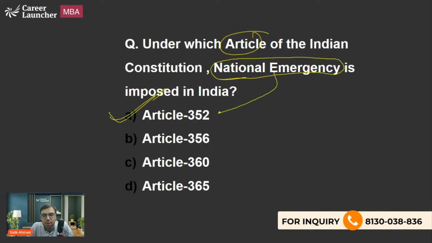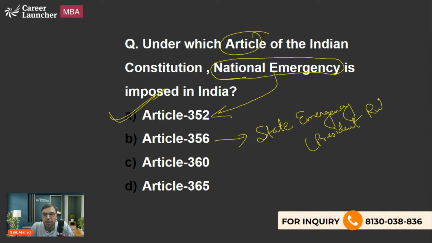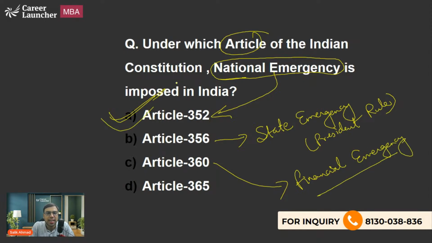Article 352 talks about national emergency. 356 talks about state emergency, also known as president rule. We currently have president rule in the state of Manipur. Similarly, Article 360 talks about financial emergency. Till now, we have not seen financial emergency being imposed in India. So the right answer is option A, Article 352.